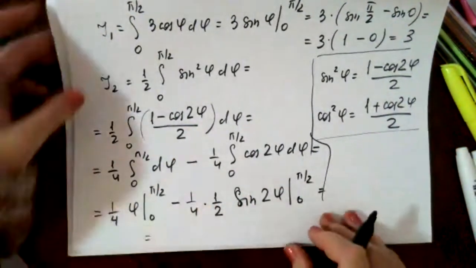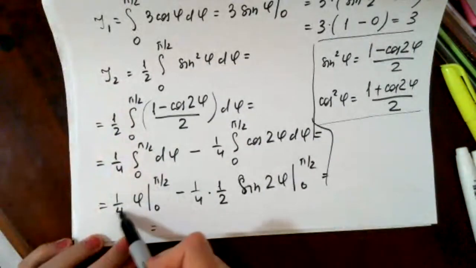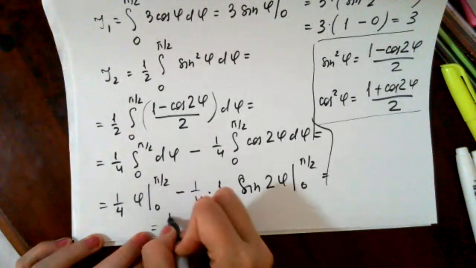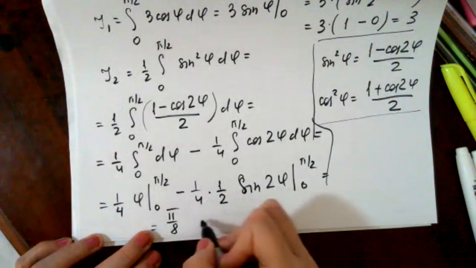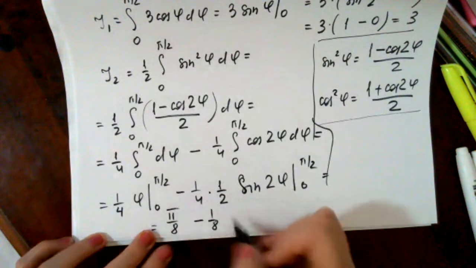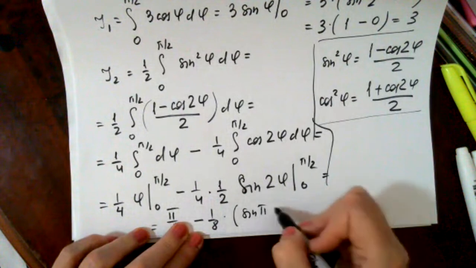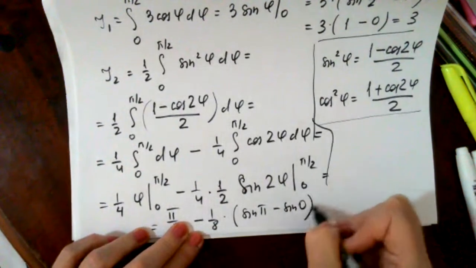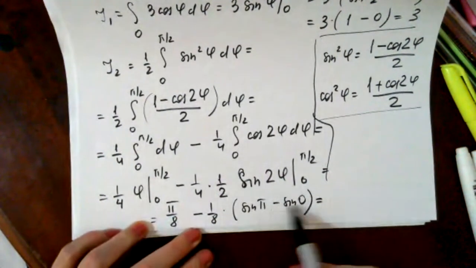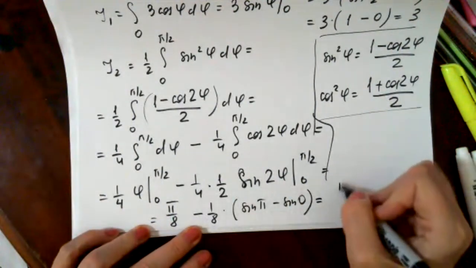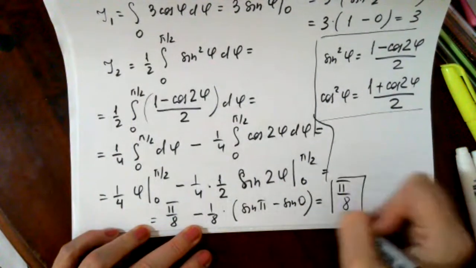And finally, we have here 1/4 times pi over 2, which is pi divided by 8. Here we have 1 divided by 8, and here you have sine of pi minus sine of 0. But you know what? Both sine of pi and sine of 0 are zeros. That is why the whole term turns into 0, and you are left only with this pi over 8.